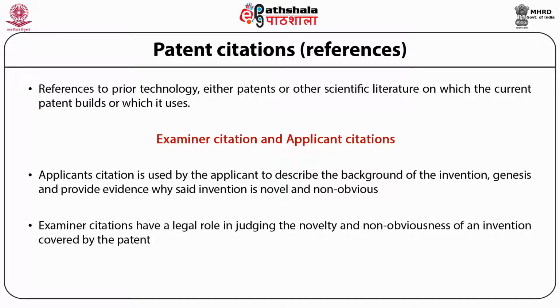Examination citations have a legal role, as I am saying, in judging the novelty and non-obviousness of an invention covered by the patent. The examiner can pick up the citations given by the applicant, and augments through his own efforts the other citations to see whether the patent is really novel, really non-obvious, and looks through this primarily.